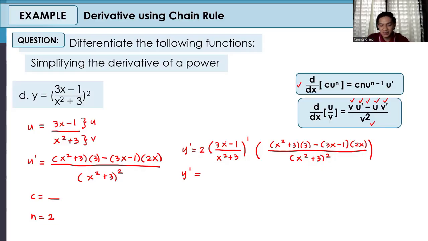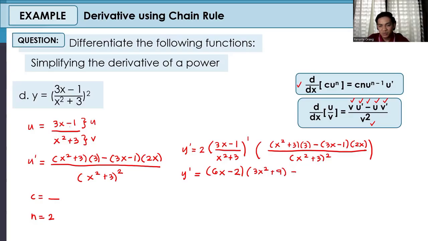Let us start with the top. We have 2 multiplied by 3x is positive 6x. Negative 1 multiplied by 2 is negative 2. Then on the other side, let us just copy-paste first. We have x squared times 3 is 3x squared. 3 times 3 is positive 9.